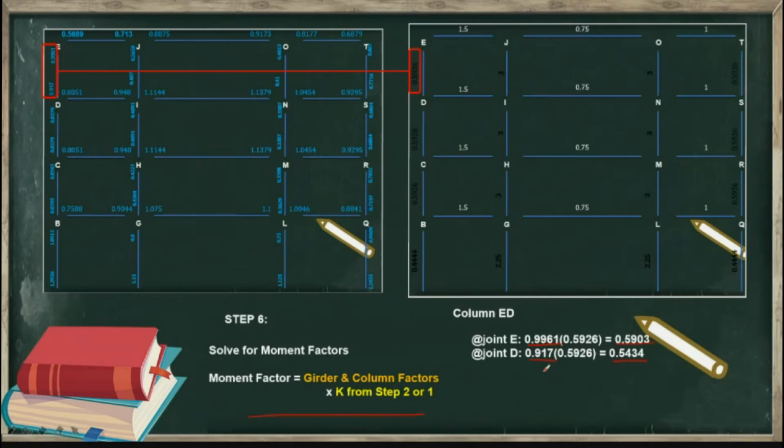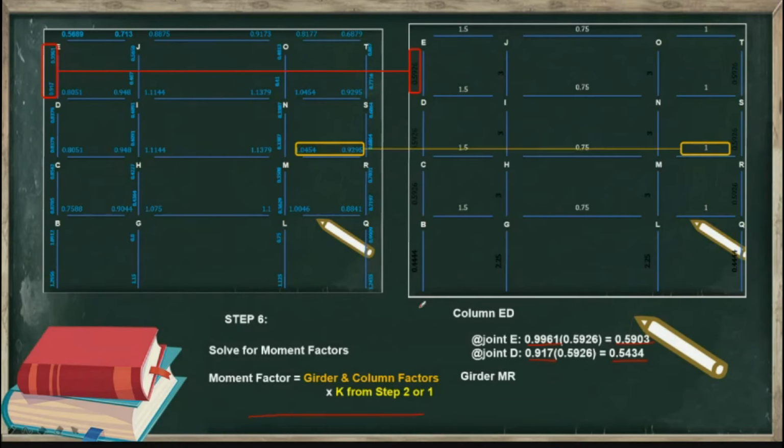So, next sample, move tayo kay girder. Example. So, we have here MR, ito. Yan. So, we have the values of girder factors dito. Ang gagawin lang, parang sa column, i-multiply natin yung stiffness factor natin dito from the step 2. So, 1, i-multiply natin siya sa 1.